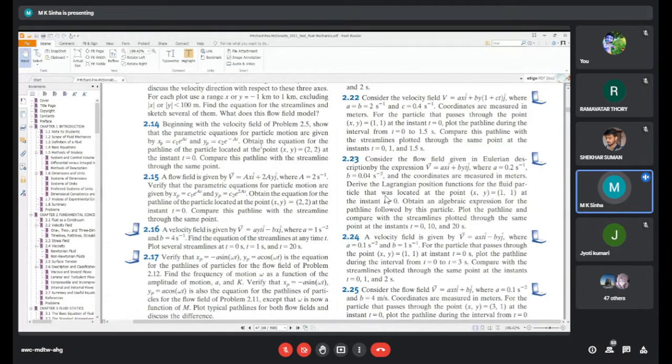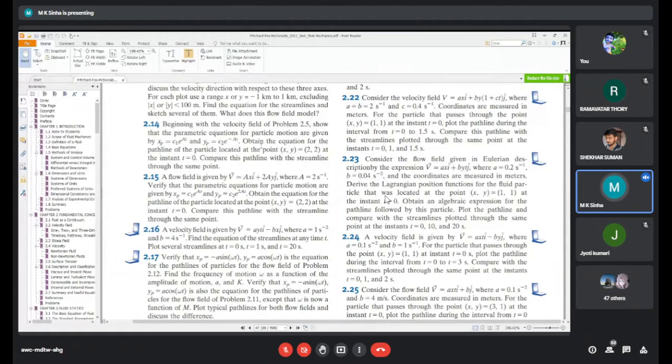Are you writing or not writing? xp equal to c1 e to power at, yp equal to c2 e to power minus at, and a equal to 1 per second.